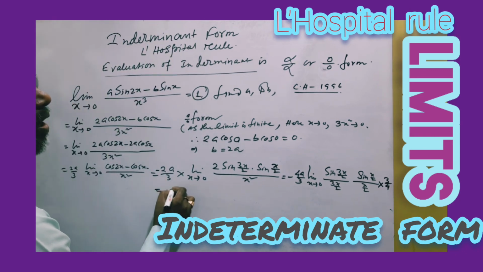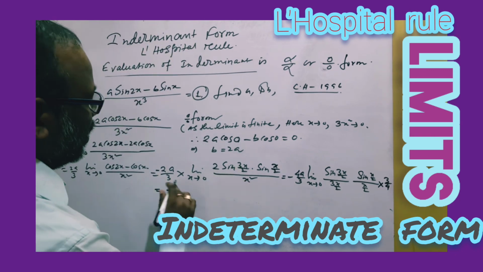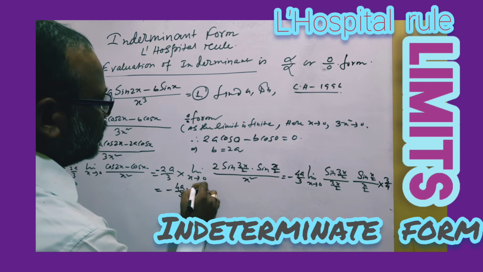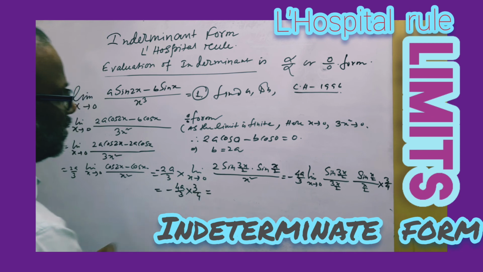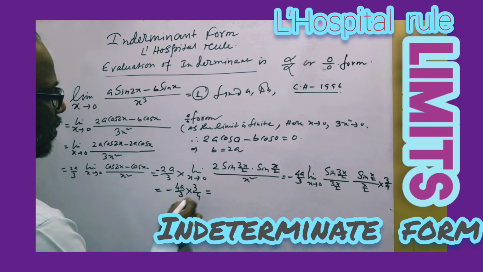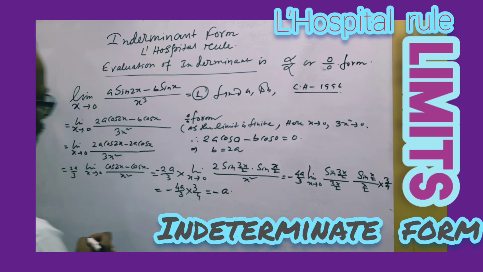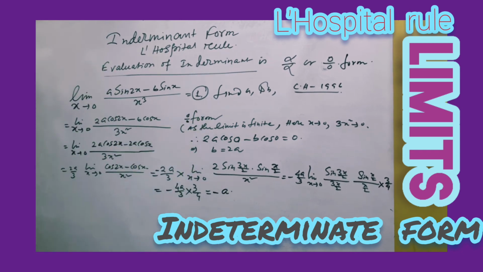So this is here minus 4a by 3 into 3 by 4, and this is actually 4 cancel, so this is here minus a, and the limit of this equation is here 1.